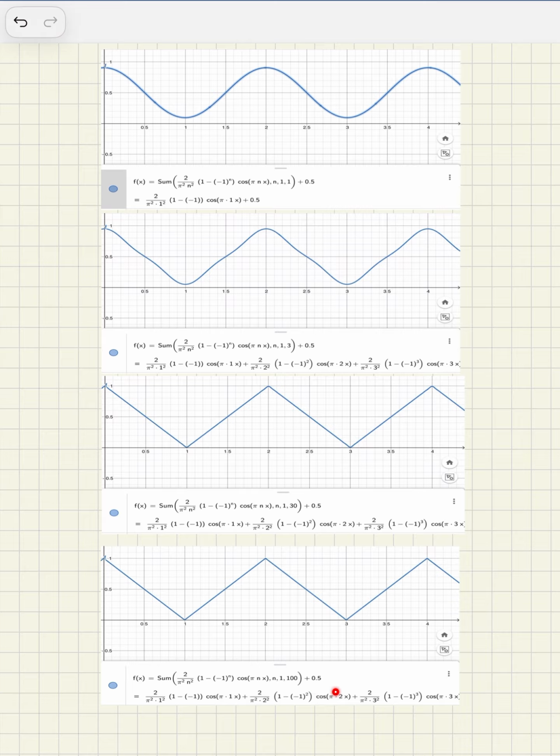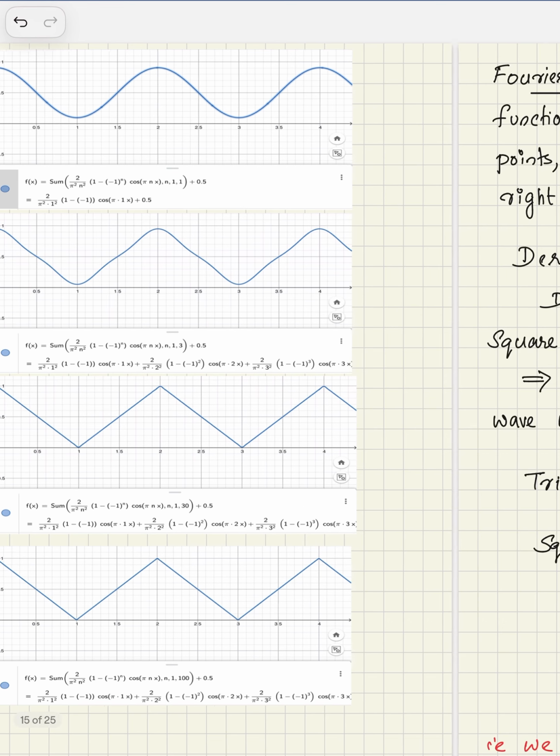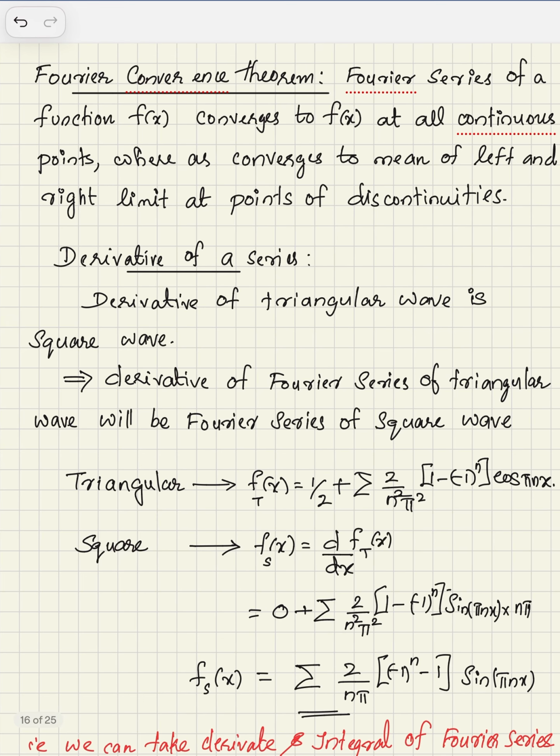If you are considering the first 100 terms, here you can see the summation terms. 100 terms, you can almost reproduce the triangular wave. There is no problem anywhere. But in our discontinuous function, there is a problem at the discontinuous points.